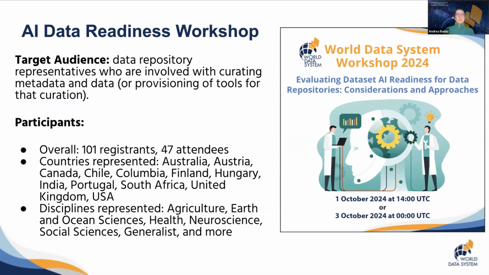So, a quick overview of our workshop that happened back in October. It was for data repository representatives who are involved with curating metadata and data, although anyone is welcome, and many interested parties joined us. Since data repositories have an essential role to play in providing quality data to support quality outputs for AI, the emphasis was on assisting repositories in their pursuits to deliver AI-ready data by examining and discussing the AI data readiness checklist.